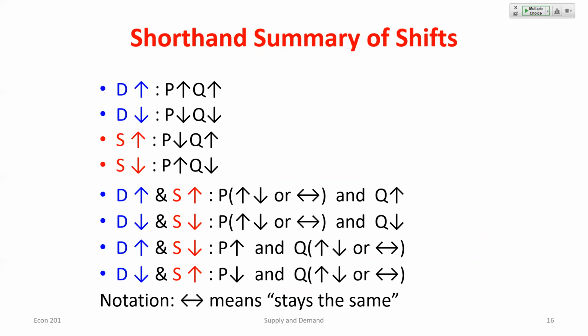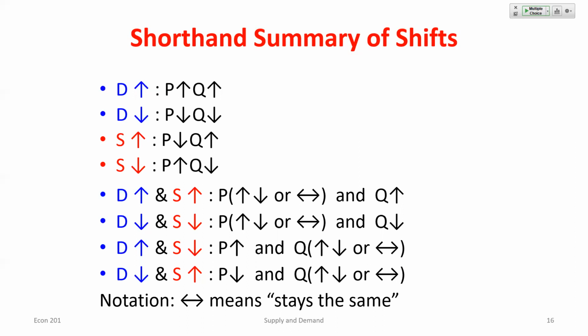I ended last class saying, break down the effects. We have simultaneous changes. Write down the effects that the supply change would have, and the effects that the demand change would have, and then the total effect becomes easier to see. If demand and supply both increase: if demand increases, price and quantity go up, but if supply increases, price goes down and quantity goes up.